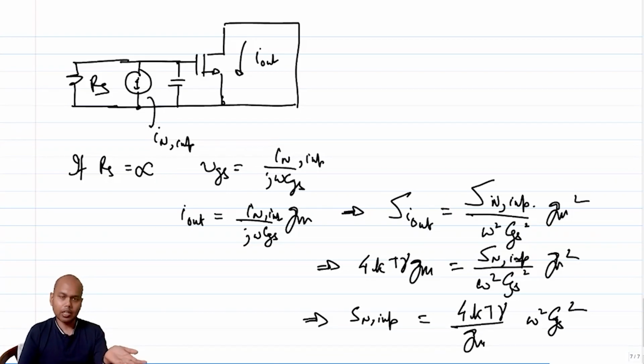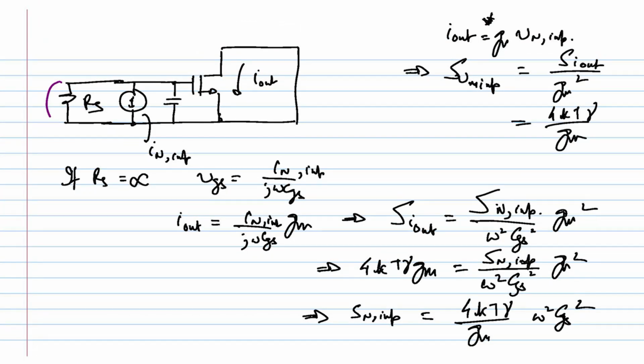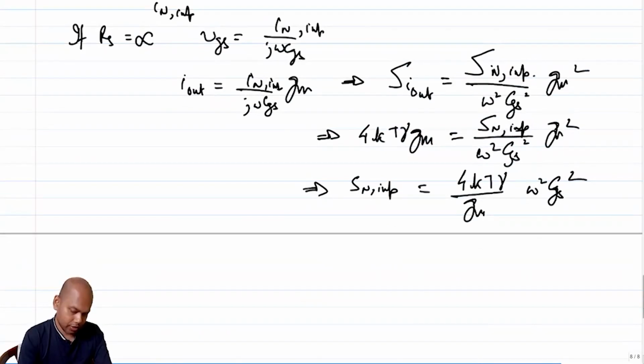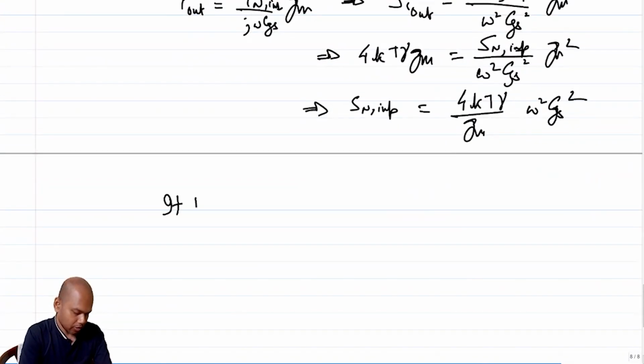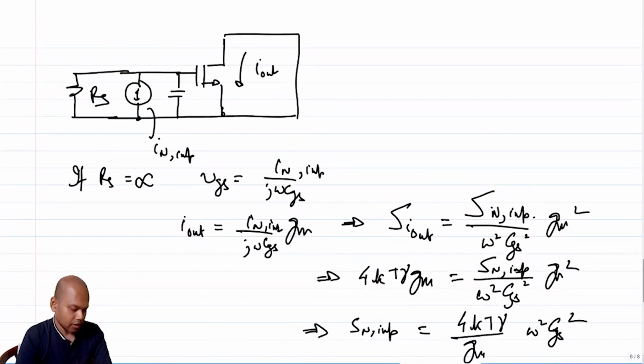So this seems to work, but what happens if RS equal to 0? If RS equal to 0, your VGS is equal to 0, so essentially your output current I is again equal to 0.